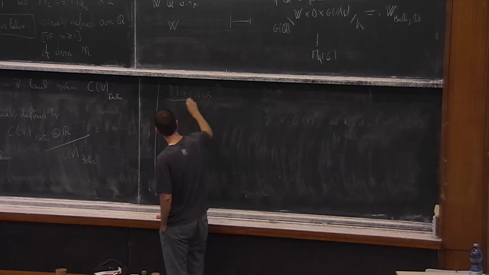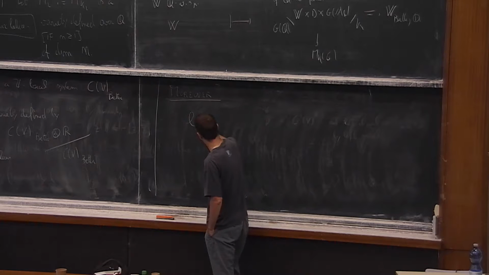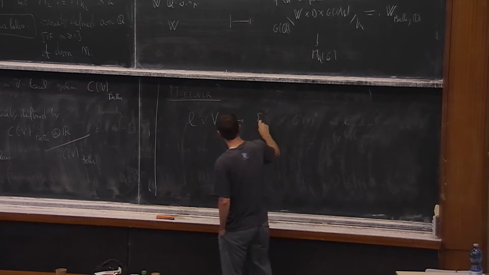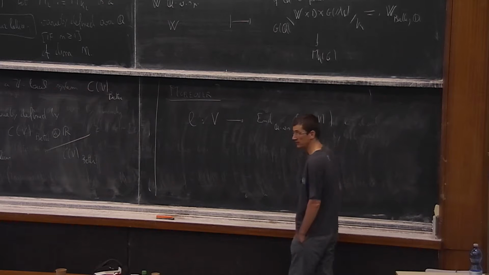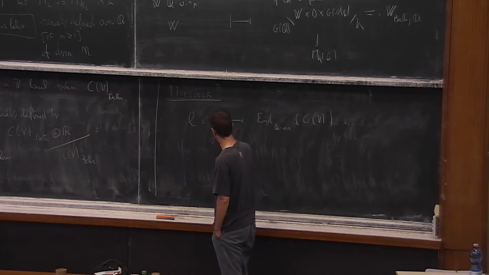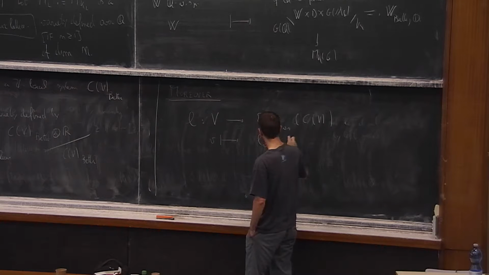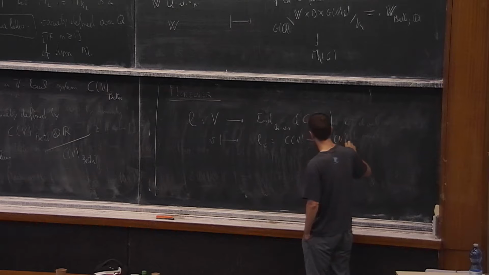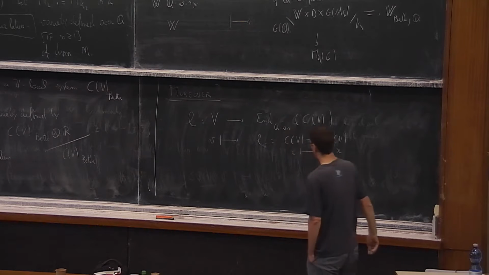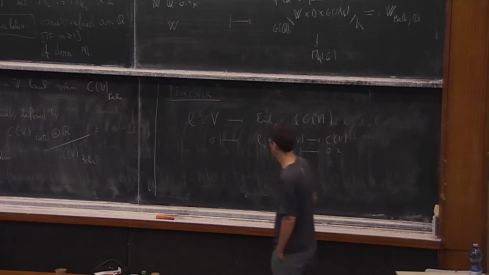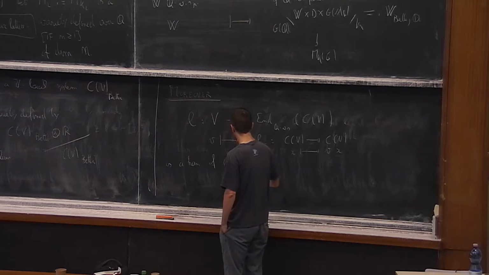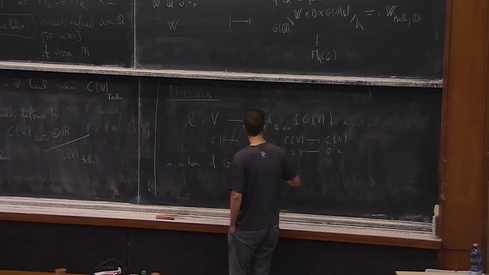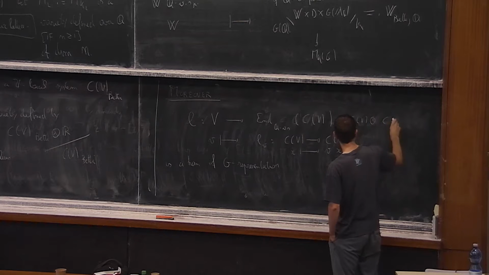Moreover, if I consider the map from V to the endomorphisms, as a Q vector space, of CV, that is given by taking an element little v and taking left multiplication, it turns out that this is a homomorphism of G representations, where here I can write this as CV tensor CV dual.